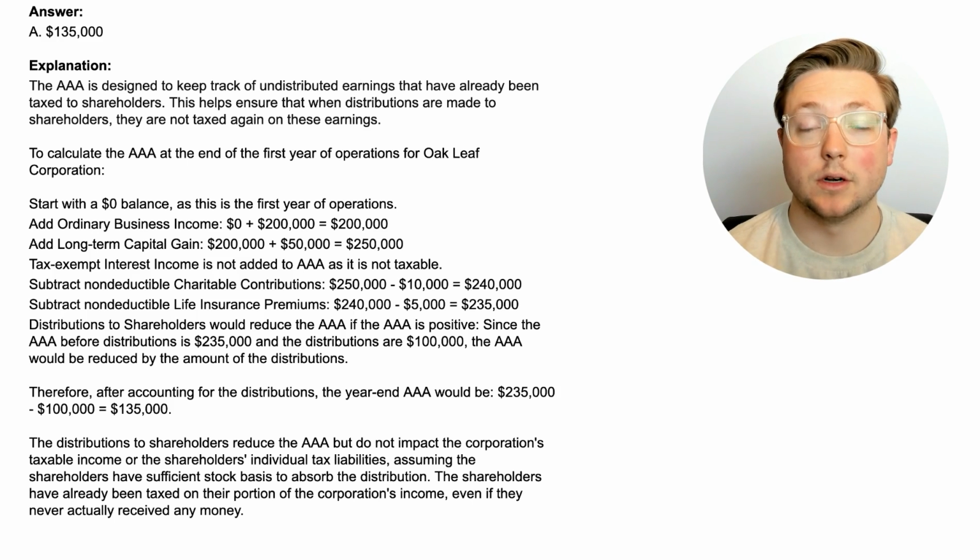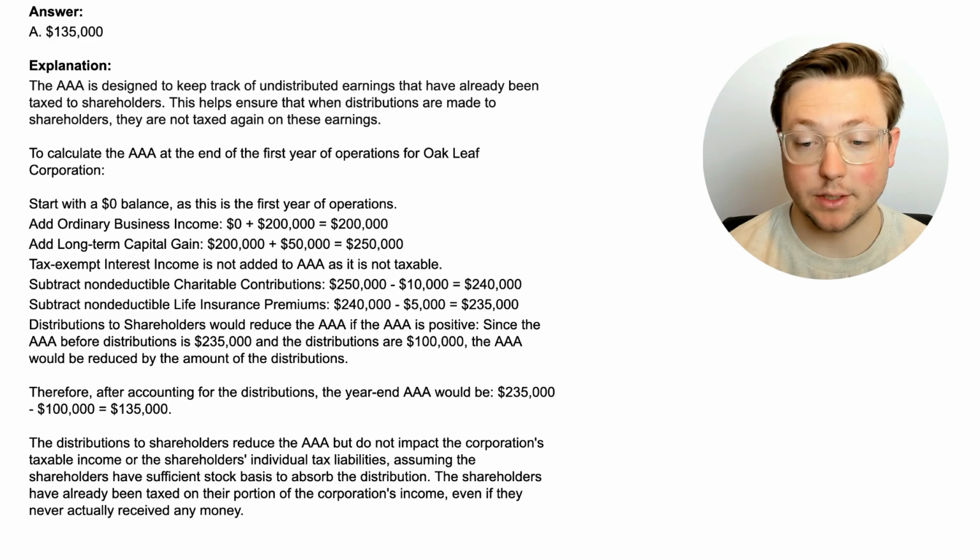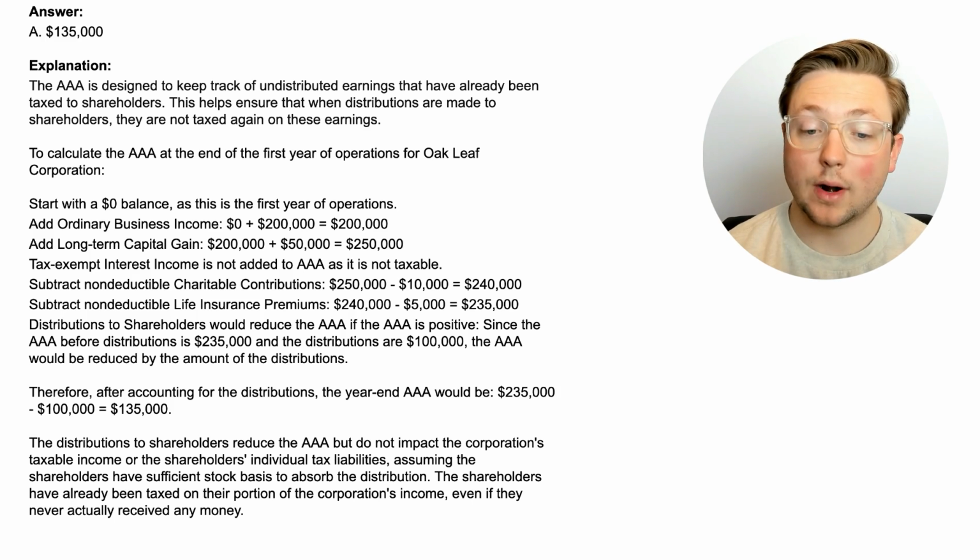You subtract the non-deductible life insurance premiums, and distributions to shareholders would reduce the AAA if the AAA is positive. Since the AAA before distributions is $235,000 and the distributions are $100,000, the AAA would be reduced by the amount of distributions. Therefore, after accounting for the distributions, you end up with $135,000 in the AAA.